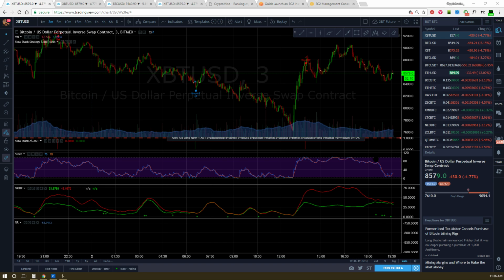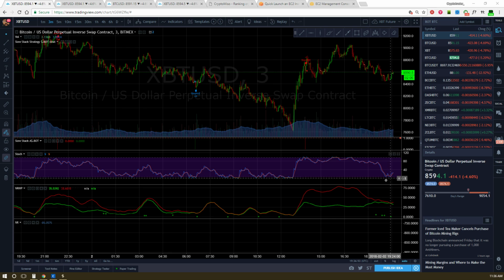All right. This thing finally came down right when I want to make a video. This stochastic wanted to come down. I was waiting to see how far it goes down because this was the last low zone right here. I got the RIP indicator up right here, man.